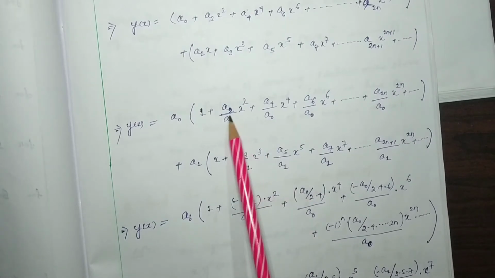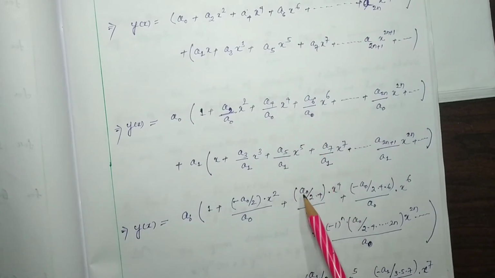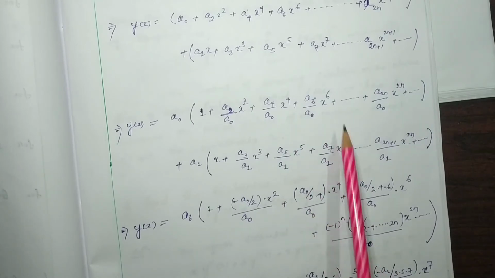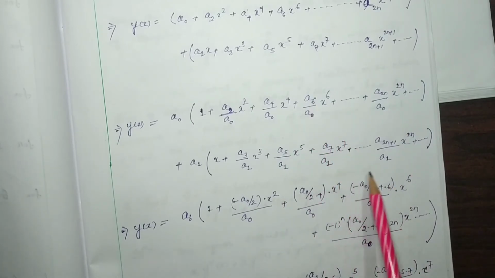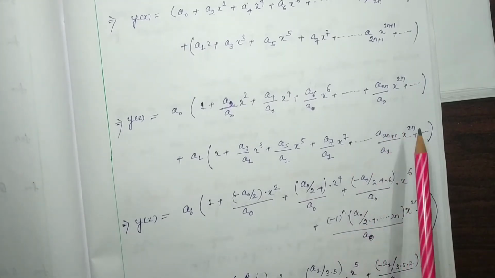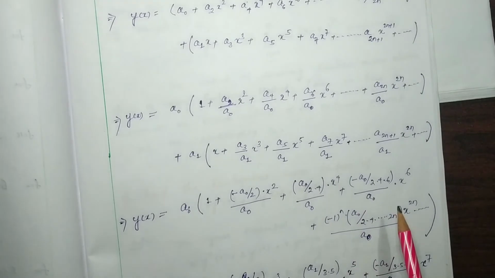So a2 we got as minus a0 by 2 into x square, a4 is a0 by 2 into 4, x to the power 4, all divided by a0. Similarly, a6 has been substituted as minus a0 by 2 into 4 into 6, divided by a0, into x to the power 6, and then minus 1 to the power n.